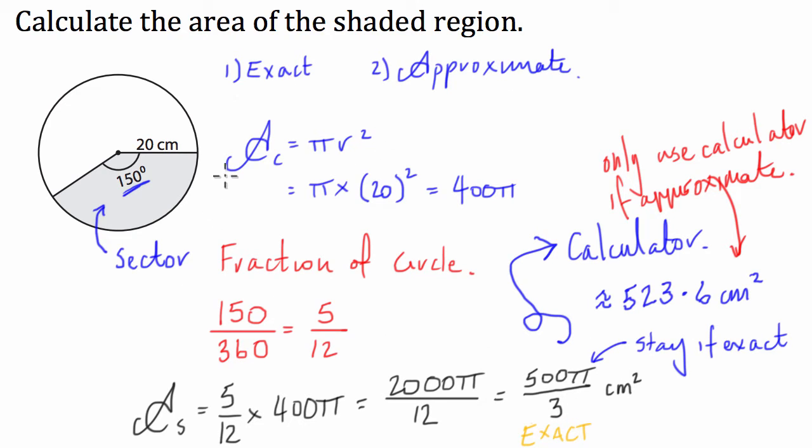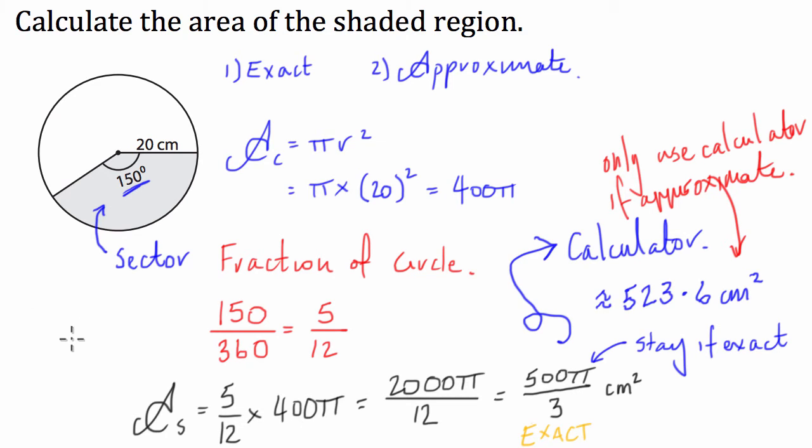So guys, I hope this video helped get your head around the intuition of how to work out the area of a sector. The takeaway is you just find the area of a circle and then multiply that by the fraction of the circle that the sector is. We find the fraction by using the angle that is subtended by the sector, and then you multiply them both together.